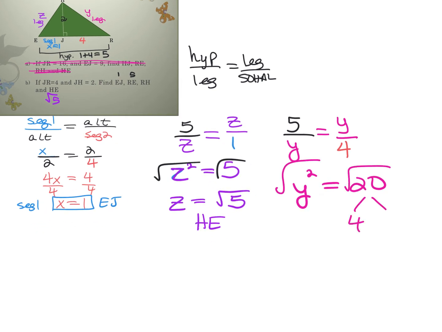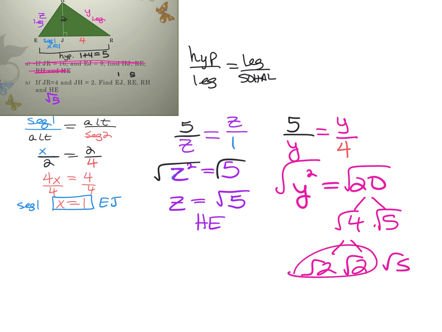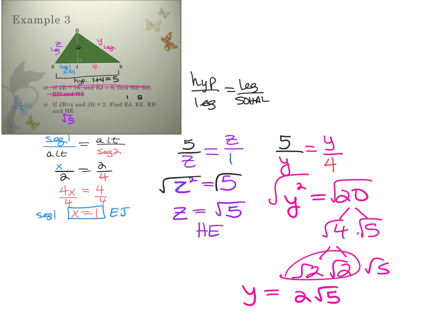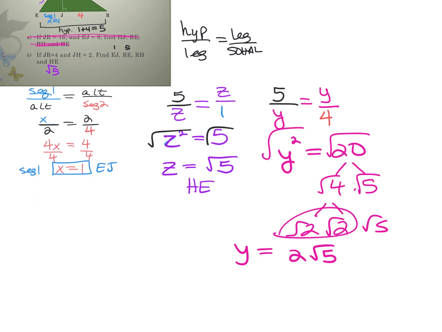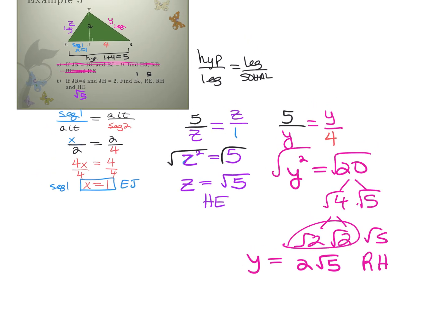So if I put it back as 4 times 5, 2 and 2, pair of 2's, so Y is equal to 2 square root 5, and this is my RH. And now I found all of the missing pieces. And you can have radicals for the sides.